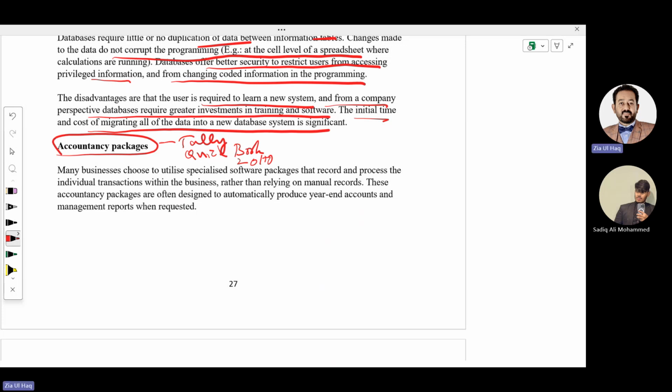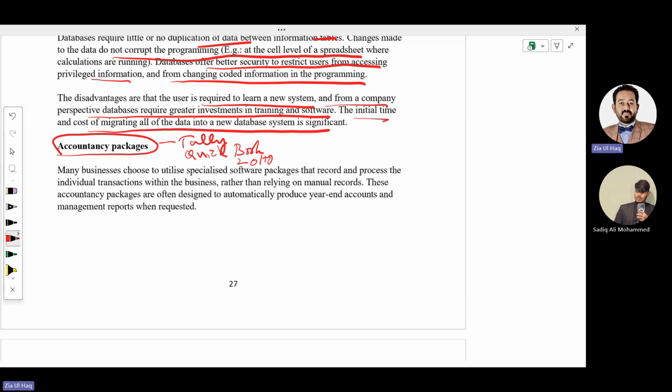And this software helps the organization's employees to not only record, but to process and summarize the data quickly. You just enter the accounting entry, they will prepare the journal, they will prepare the ledger, and through a button you can produce financial statements. It means you don't need to prepare the financial statements. The accounting software is fast and accurate. Through this, you can produce financial statements quickly.